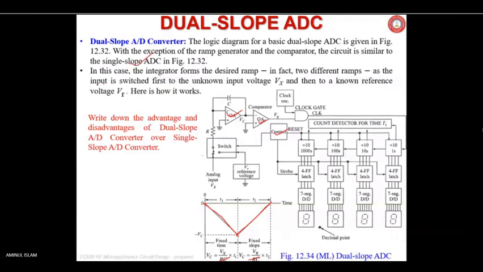In this case, the integrator forms the desired ramp. In fact, two different ramps as the input switches to the unknown input. First, it is applied to the unknown analog signal. Then it is ramped down to minus Vc, because the integrator output is negative.